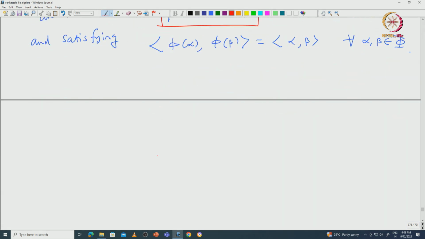Okay, so let us prove this. This is again not very hard to prove, we have developed enough language to prove this. So note that Π and Π' both are bases of E and E' respectively.